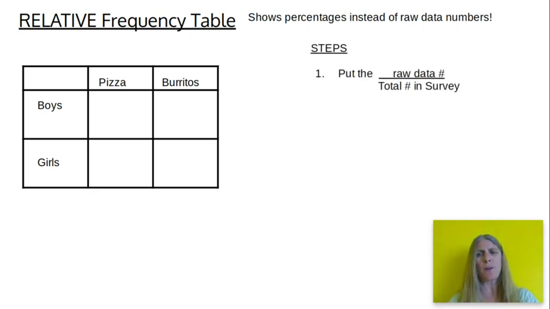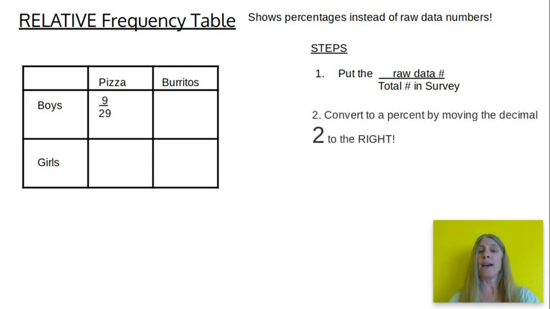So your steps are: number one, put the raw data number that we got from the previous one divided by the total number, which was 29 in the survey. So there's 9 boys who preferred pizza out of 29, and that gives us 9 divided by 29. We move our decimal 2 to the right to get 31% of all of the people in my survey were boys who preferred pizza. We're going to do the same for the other 3.